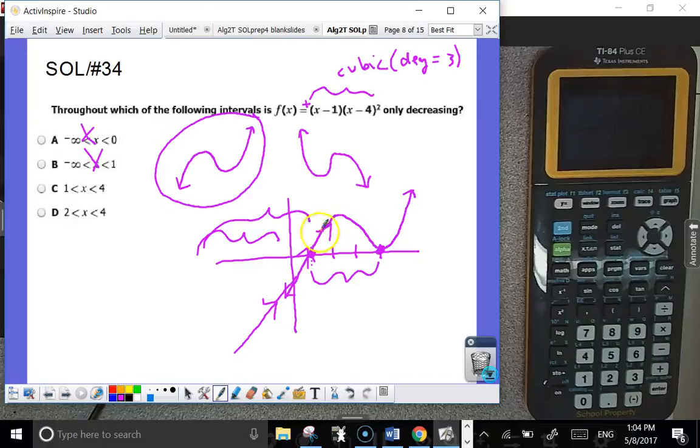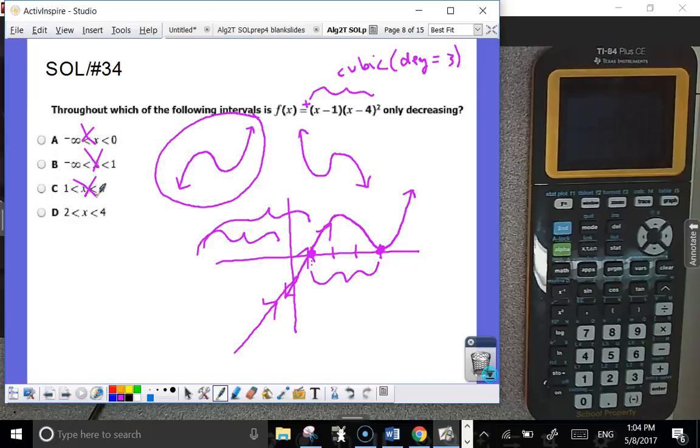I mean, the answer is no, because it's increasing and then it's decreasing. Now, if you don't know what you're talking about here, maybe you get confused and say, well, it looks like the function is less than 0 to the left of 1, and then it turns into greater than 0 between 1 and 4. That's not what we're looking at here at all. Okay. Now, the last one has got to be the right answer.